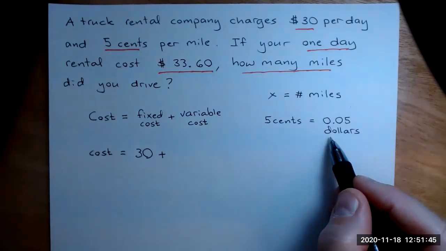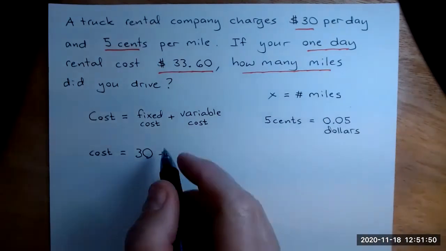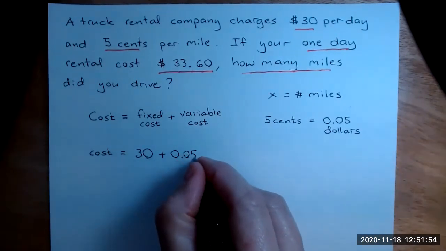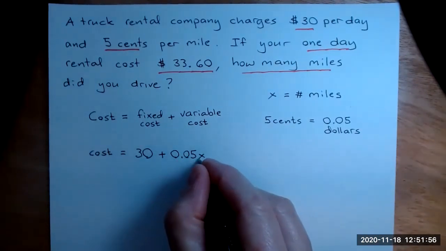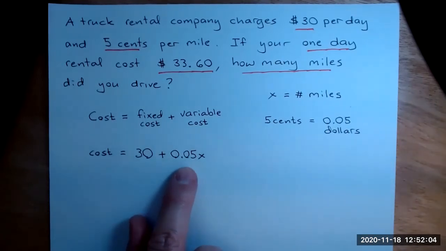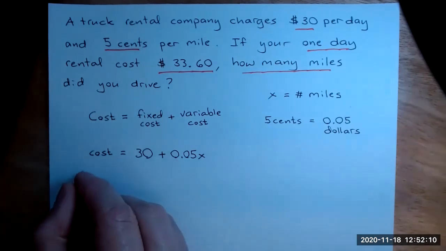So to calculate the cost, you're going to multiply 0.05 times the number of miles, and that's the variable cost, the part of the cost that varies. And then our total cost was $33.60.